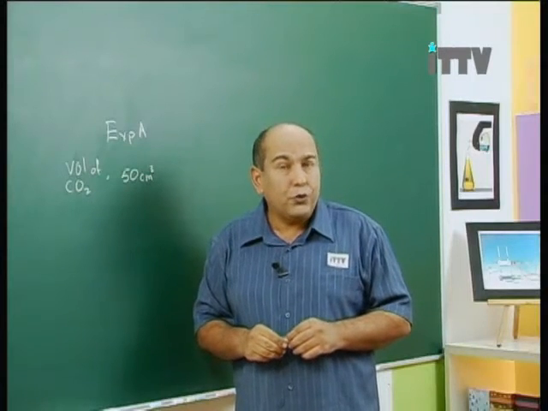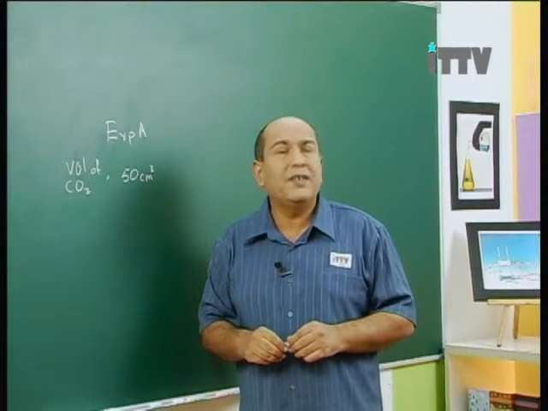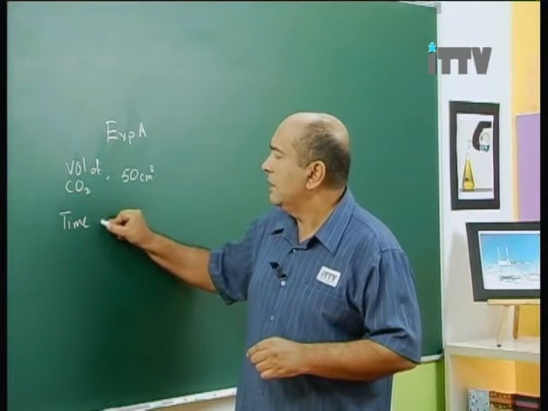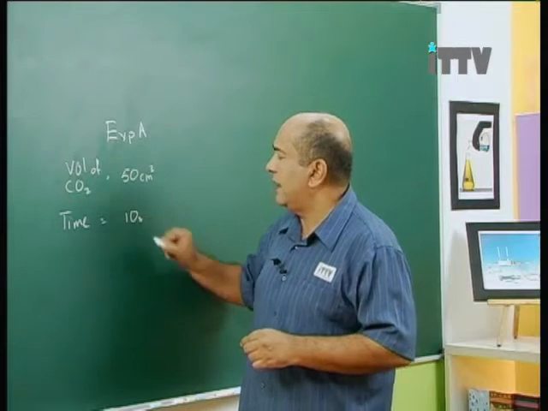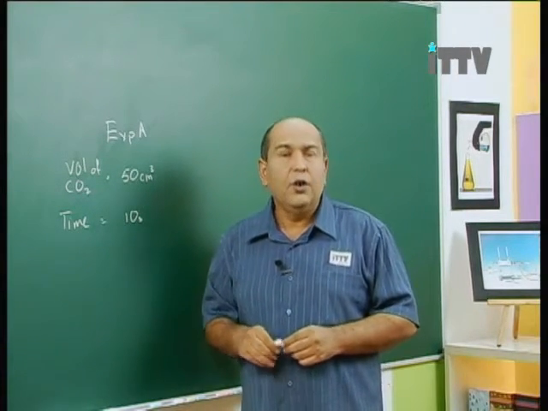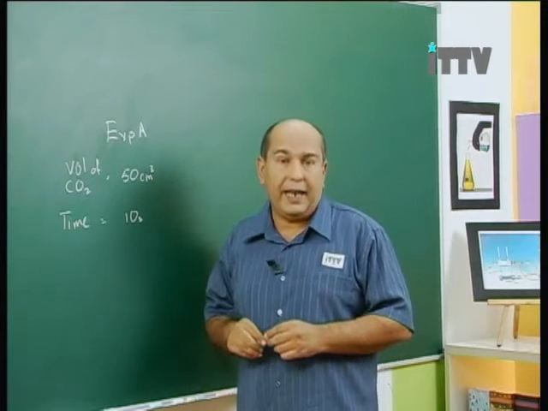The time it took to collect the 50 cm³ was 10 seconds. Now, we can calculate the rate of reaction for experiment A.